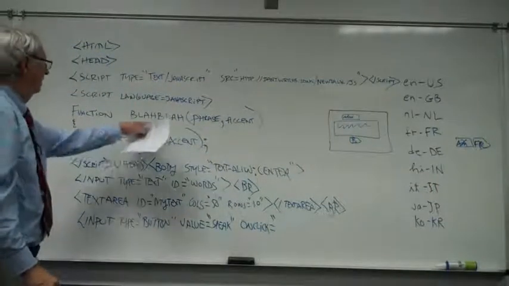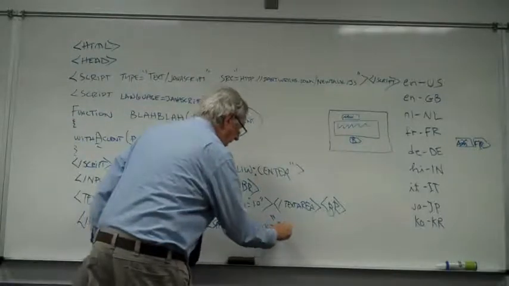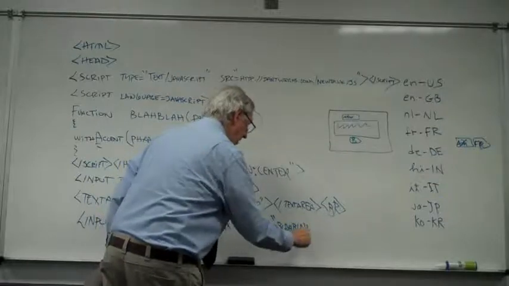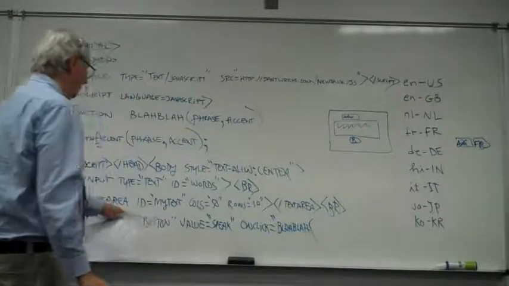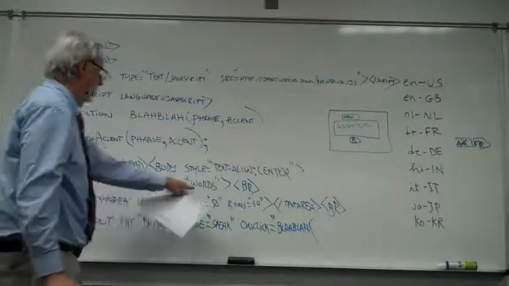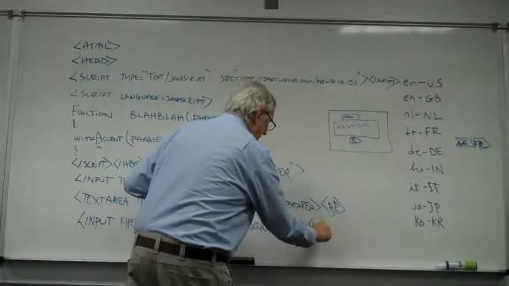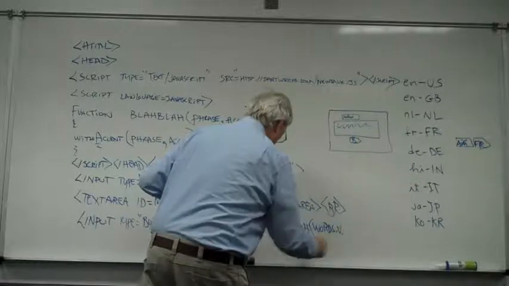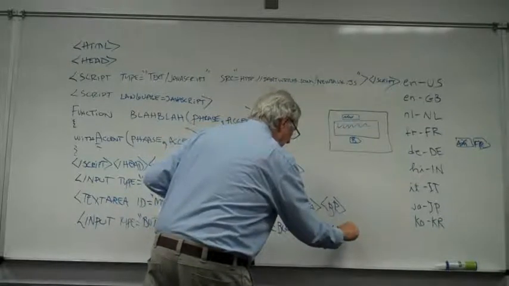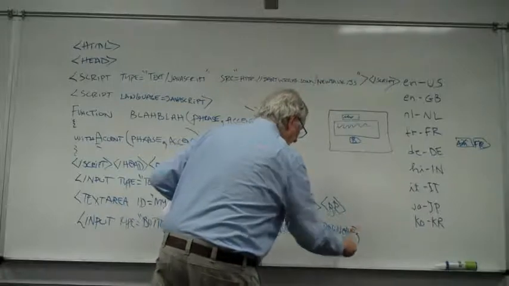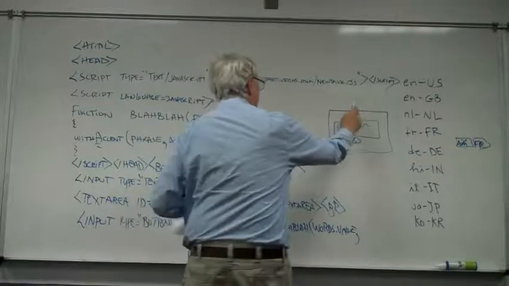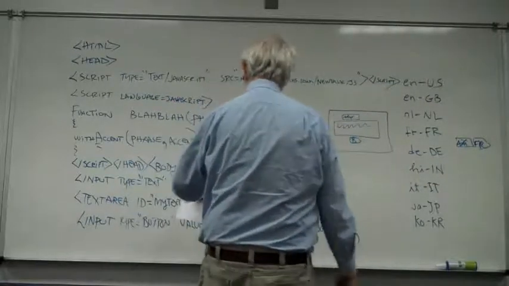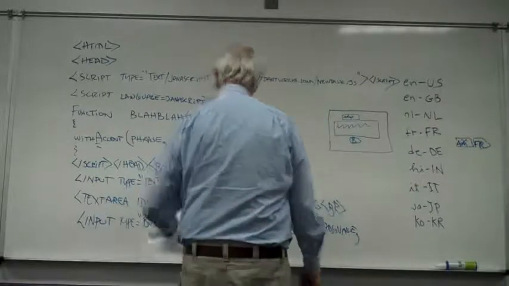I want to go up to blah blah here, and I want to send up two things. I want to send up the expression they say, which is words, whatever's in that big text area. Dot value, dot value, yeah. Comma. And then I want to send up this code, whatever the code was I typed in. And what did we call that? I call that words.